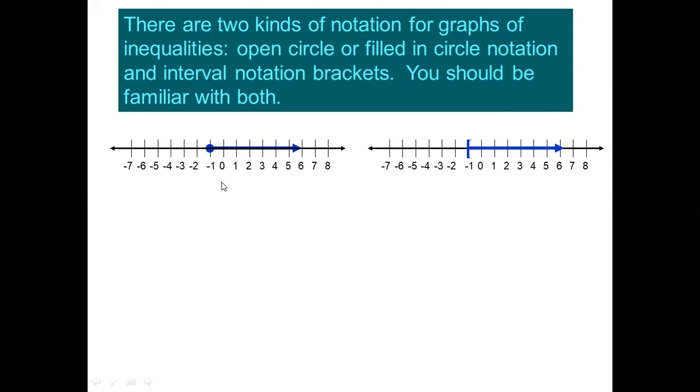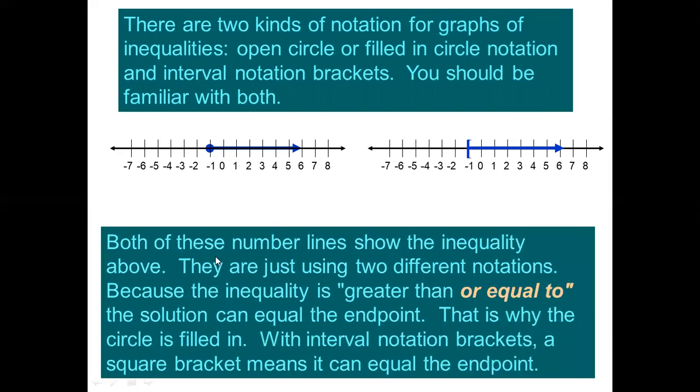Or you can represent the same situation using the square bracket. When you use the square bracket or dark circle, you are denoting greater than or equal to. So in both number lines, the inequality we are using shows the greater than or equal to situation.